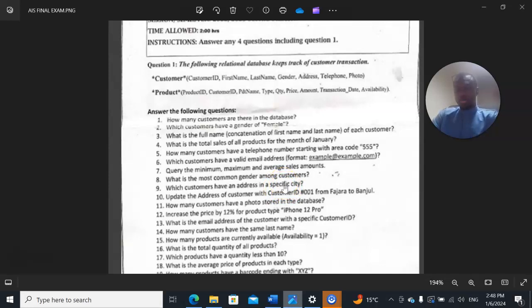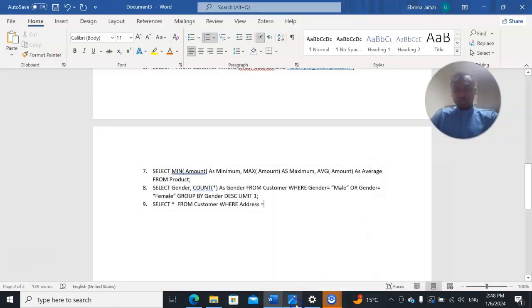But if the question is trying to say the city must be specific, shouldn't be blank, we can use city is not null, meaning it cannot be a null value. But if the city name is specific city, we say from customer where address equals to specific city, and we put this in quotation.